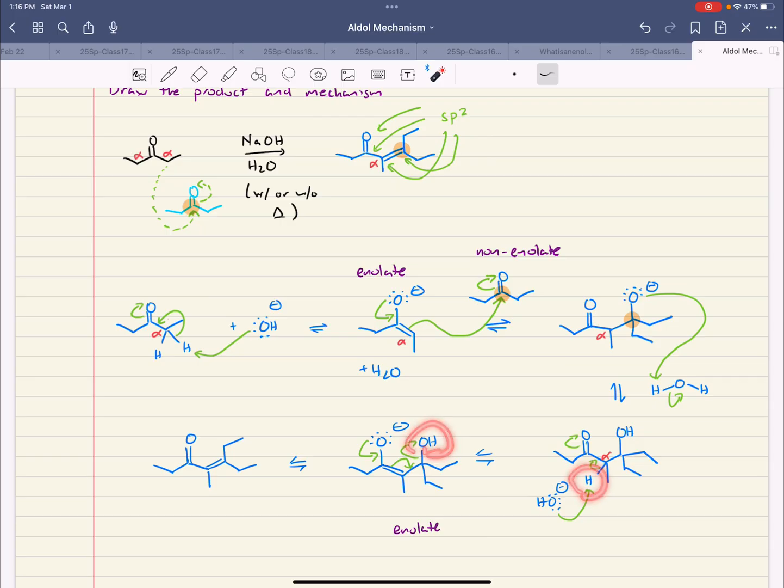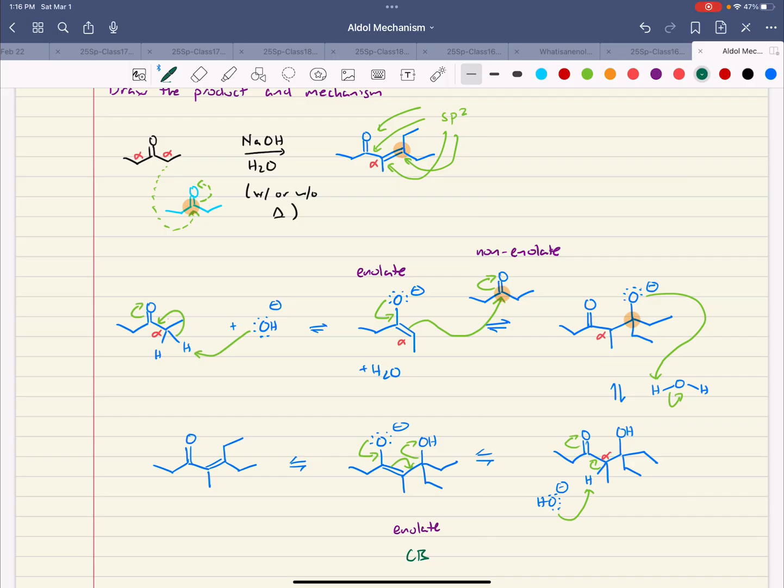When you have those as two different steps, it's E1. Remember E2? E2 is a fast one. You grab the proton and kick out OH at the same time. When you separate them, it's E1. But it's a special type of E1 called E1CB, E1 conjugate base. So this is your conjugate base. And we did eliminate the OH at this point.